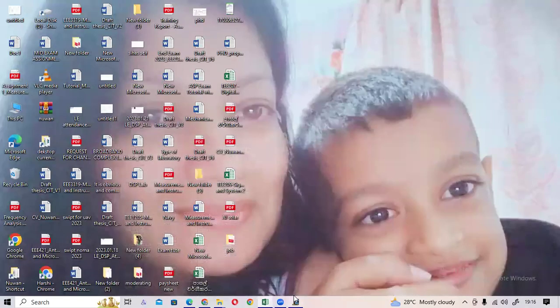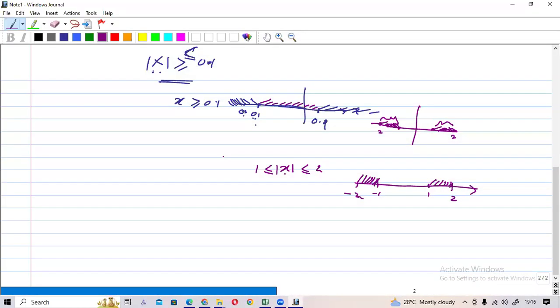So if you consider x, y, z, corresponding to plus values, let's consider only plus values.